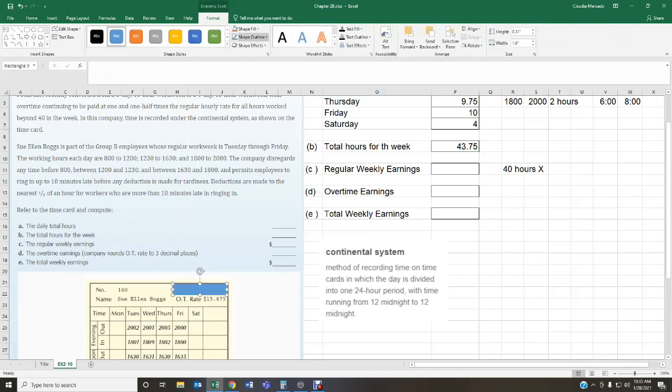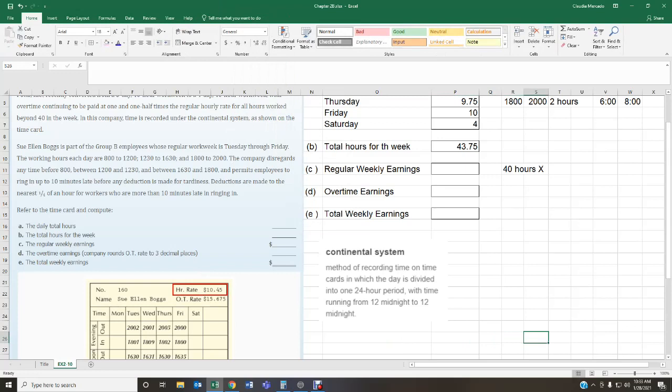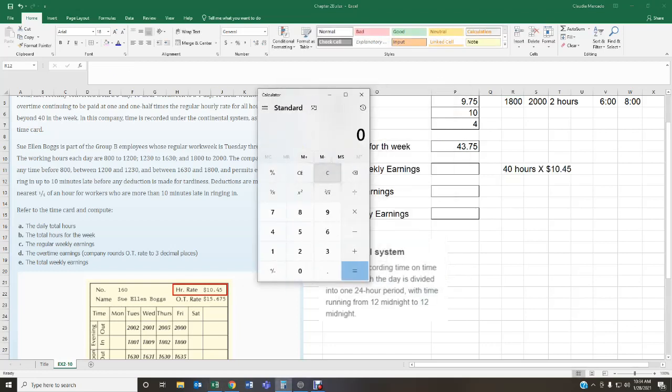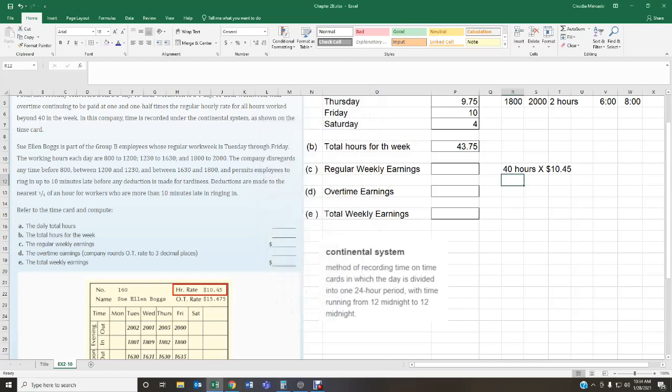Hourly rate. My hourly rate is $10.45. And let's see what that gives us. So it's 40 hours times 10.45. That gives me $418.